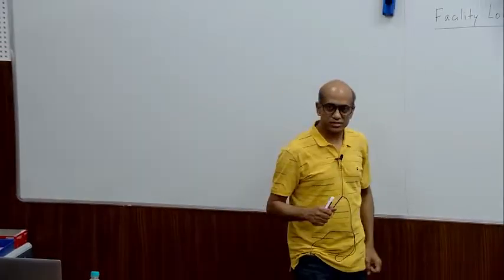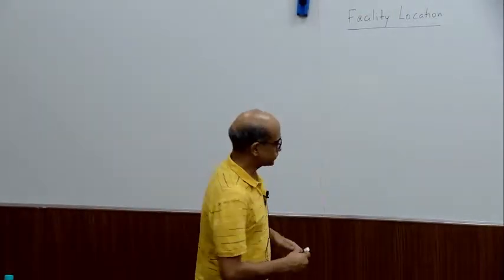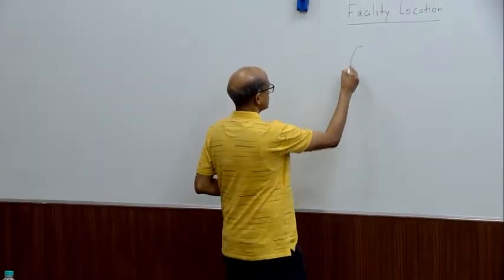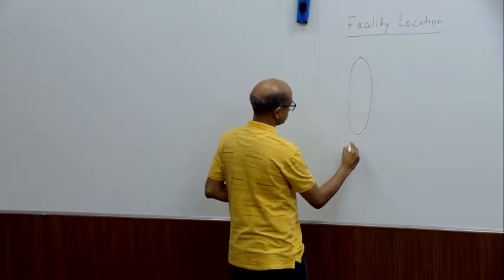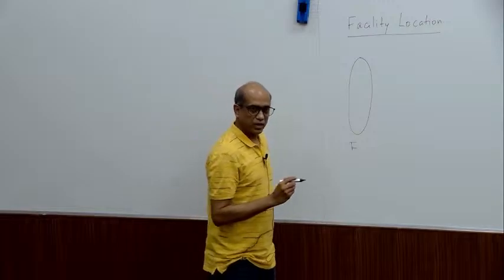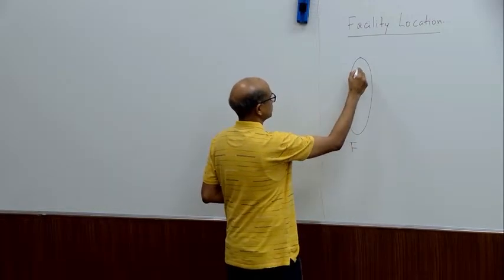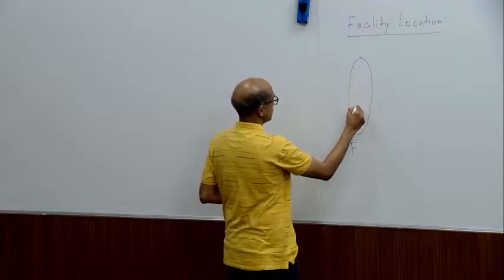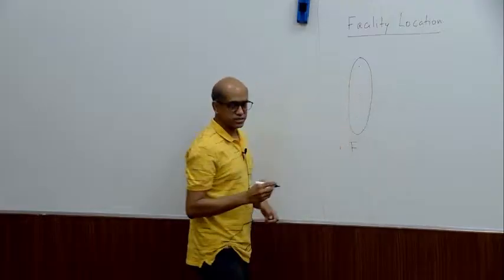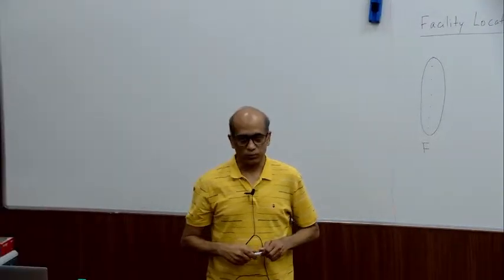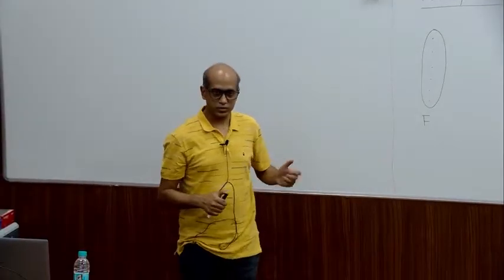As the name suggests, there are two sets. One is the set of facilities, F. Imagine that you want to open some shops or warehouses, and this set F tells you the possible locations at which you can open a shop.